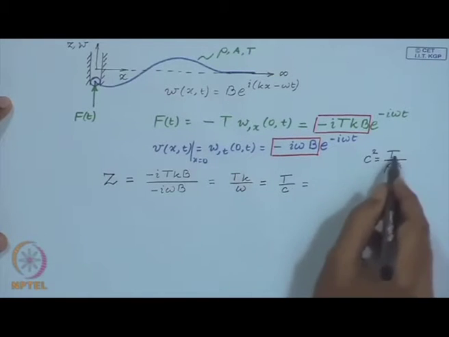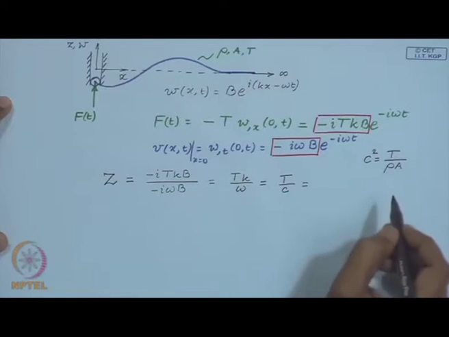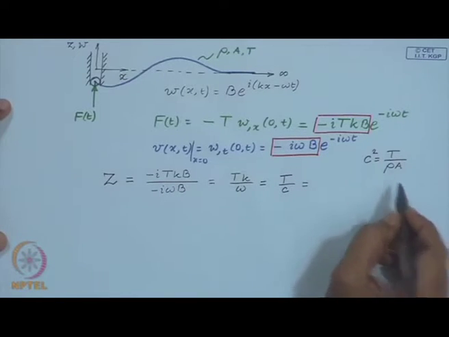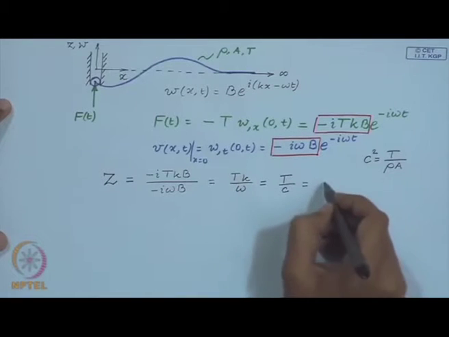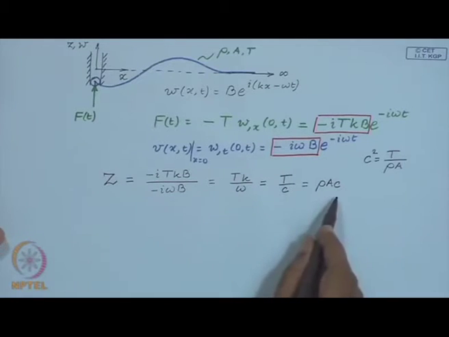So, I will replace this tension in terms of density and area of cross section of the string. So, that will give us the impedance of a string.